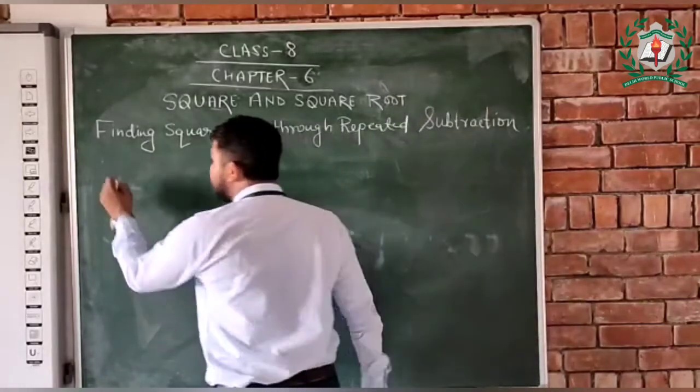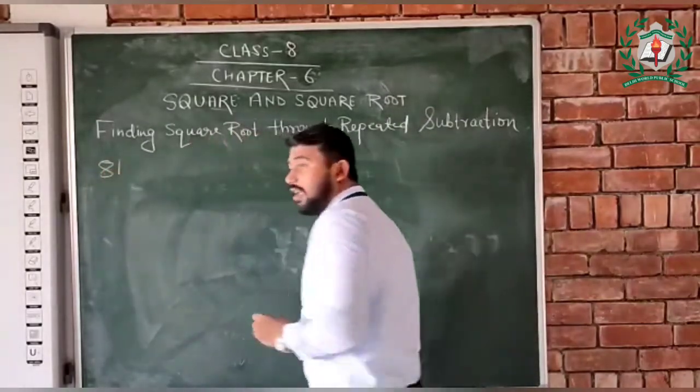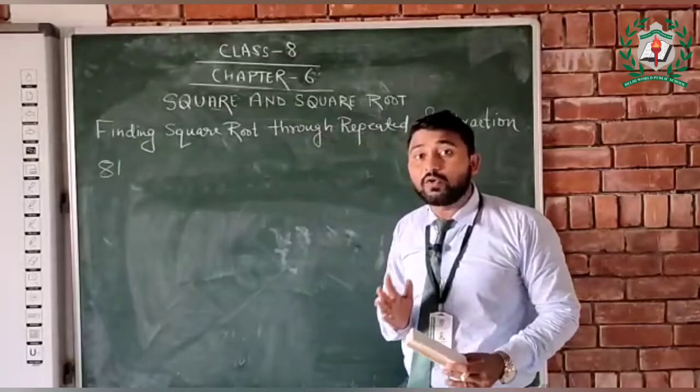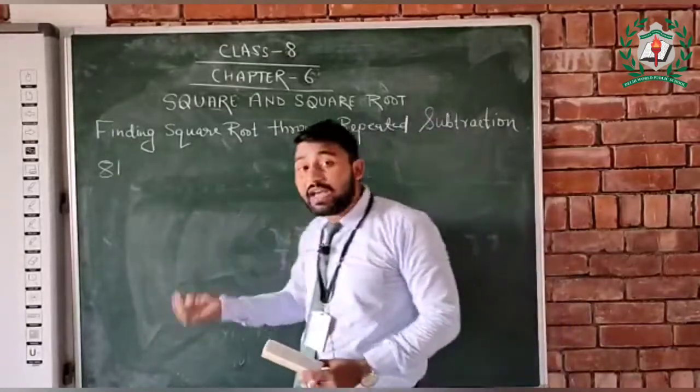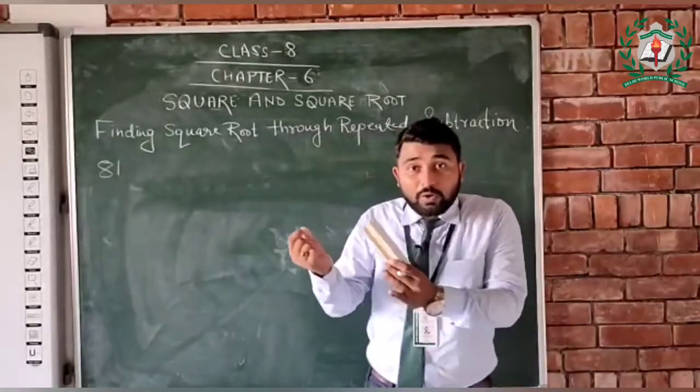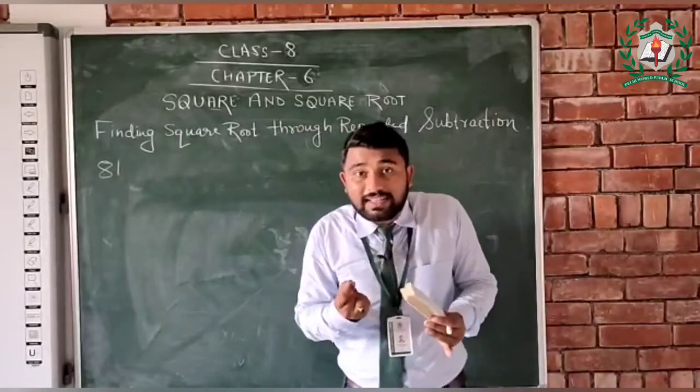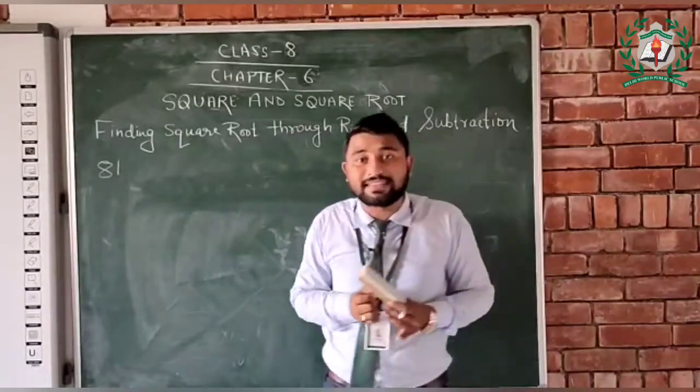Suppose we want to find the square root of 81. अगर हमको 81 का स्क्वायर रूट फाइंड करना है तो हम लोग क्या करेंगे? हम लोग ऑड नंबर को माइनस करते जाएंगे, फिर जो आंसर आएगा उसमें अगला ऑड नंबर को माइनस करते जाएंगे.